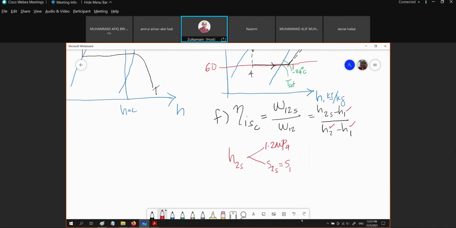The S1 is at superheated region at 60 kPa, minus 34 degrees C. So from here, you will solve the H2S. Then after that, you will solve for the isentropic efficiency of the compressor.